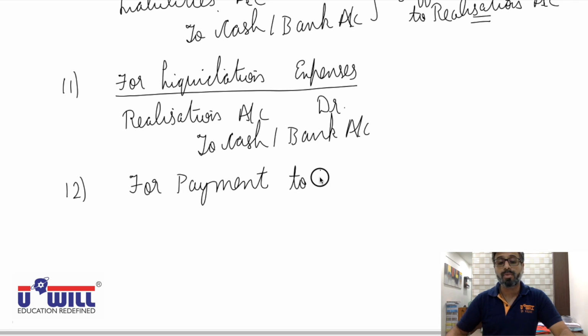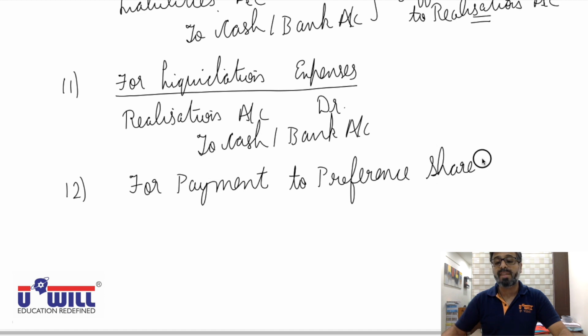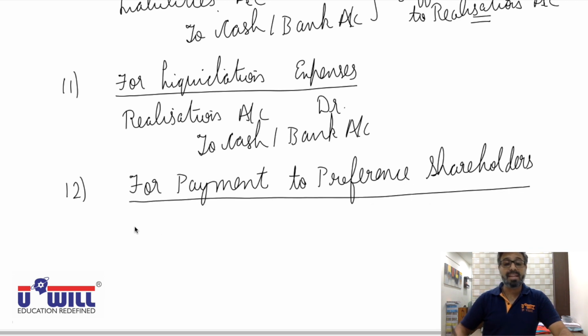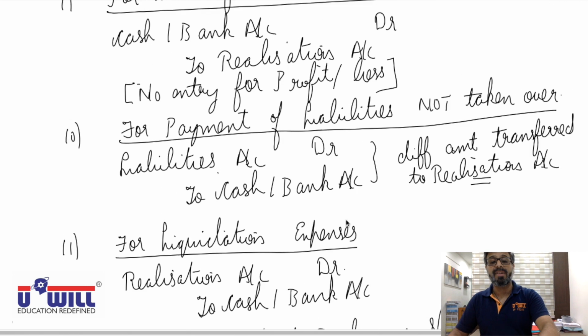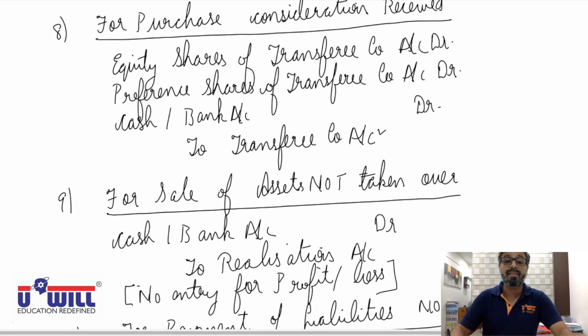Generally, preference shareholders would be given preference shares only in the new company. So preference shareholders are the receiver, debit the receiver, preference shareholders account debit. And what will they be given?